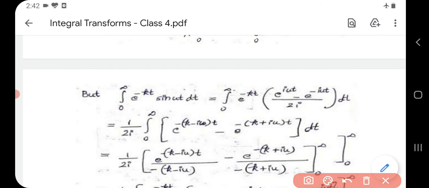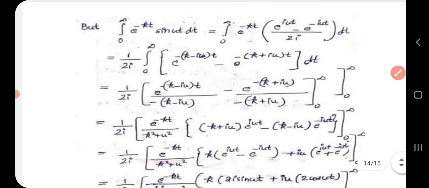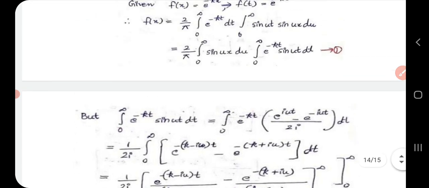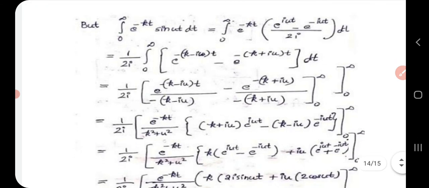The evaluation of integral and all is the same. So here I have followed a different method for solving that equation, which is different from what I have shown above. So if these steps are easy, then you can follow these steps for the above evaluation of integral also. Okay, whichever one is easy for you, you can follow that. Otherwise you follow your own steps. Okay, first you write your own steps, you try to solve by yourself.